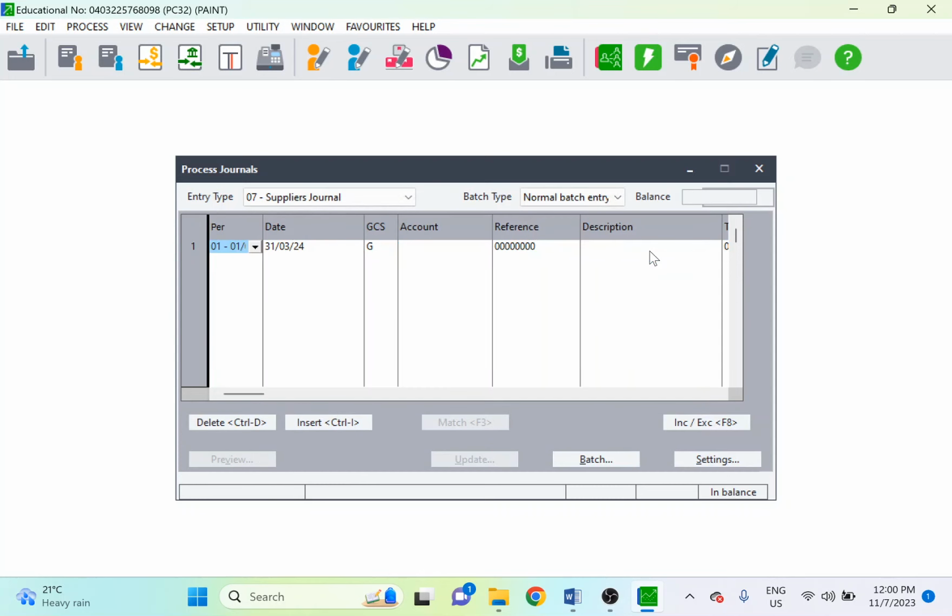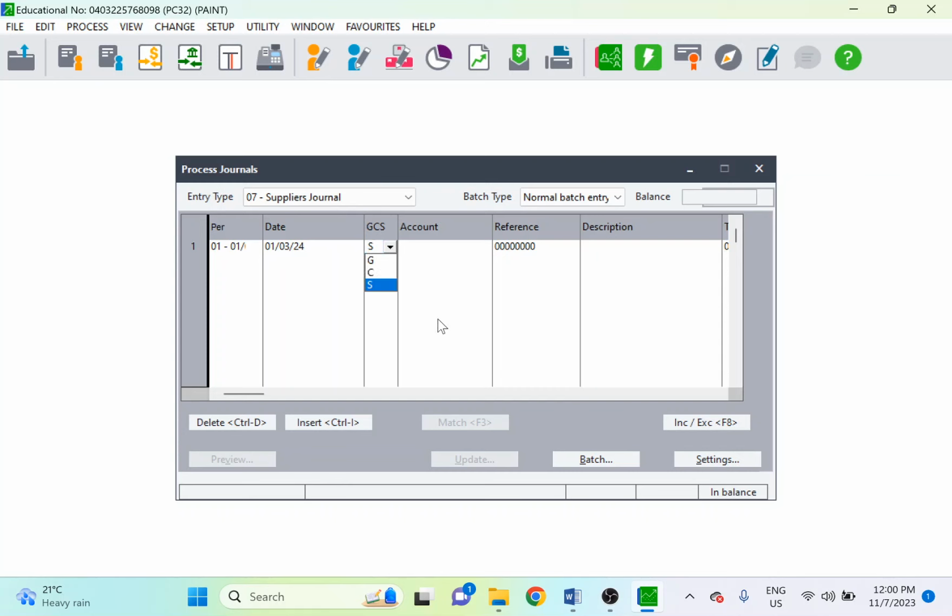Now universal storage system, the date is the 1st, so it's 01 period number 1. Under date, it's 01. Now under GCS, remember under entry types, we said that any account, so that's why we have all three: general ledger account, customers, and suppliers.